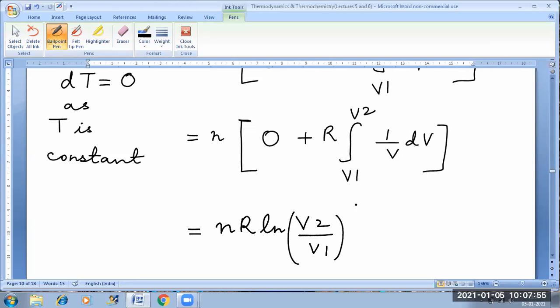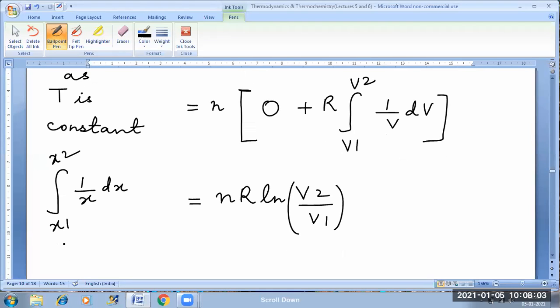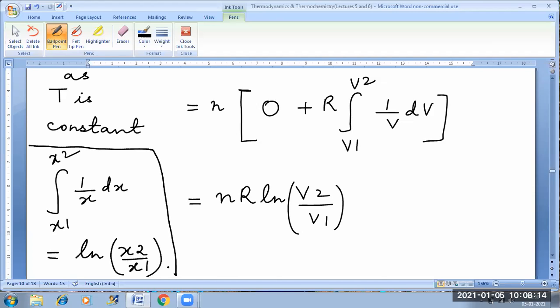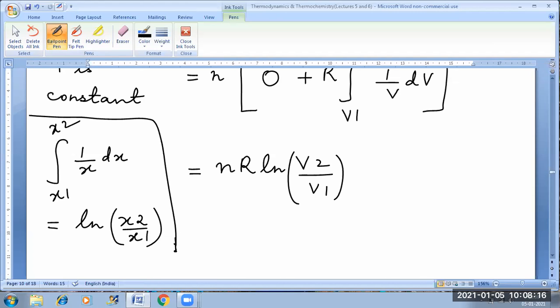Right? Integral of 1 by x dx from x1 to x2 is given mathematically by ln x2 by x1. This is the formula. This formula has to be known to you. I'm sure you have done this in physics.